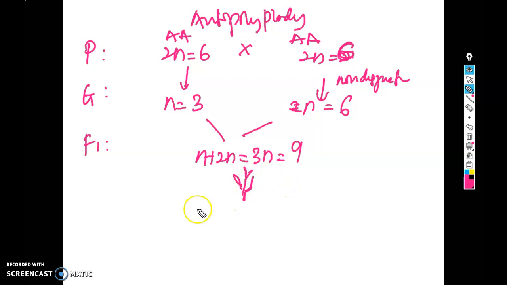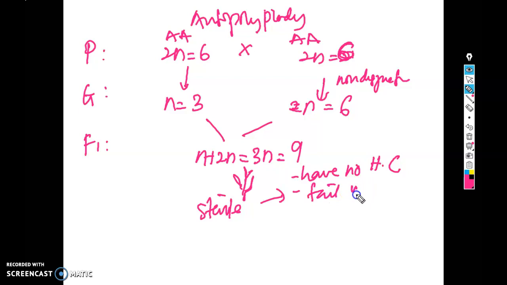Okay, this plant is considered sterile because it has no homologous chromosomes, and when there are no homologous chromosomes, they fail to undergo synapsis during meiosis.